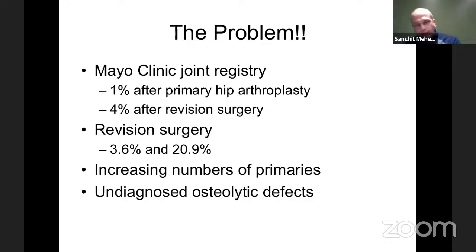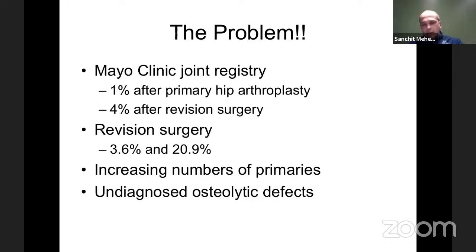If we identify the problem, this is Mayo Clinic registry data. After primary joint replacement, the incidence is about 1%, and after revision surgery it goes up to 4%. But this incidence varies hugely between about 4% and 20%.